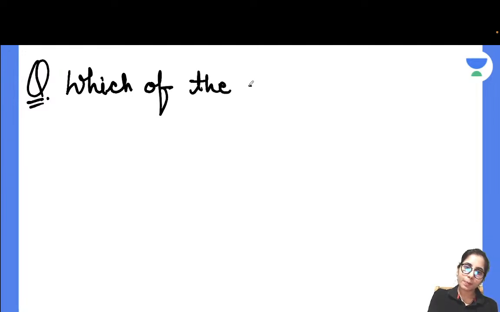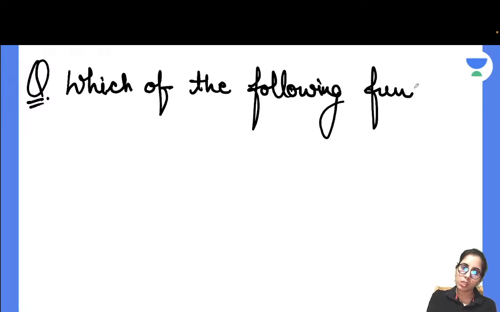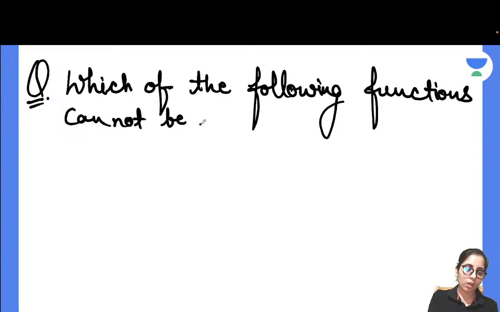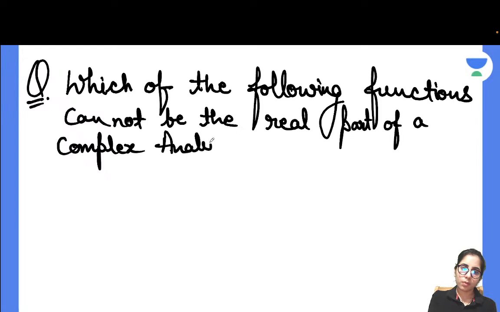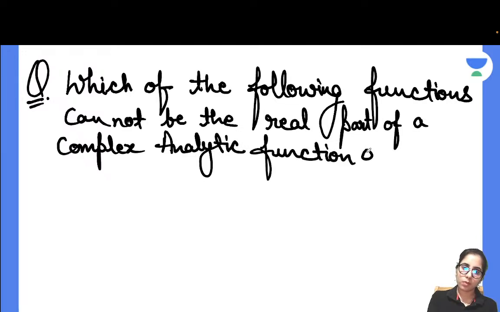Which of the following functions cannot be the real part of a complex analytic function of z is equal to x plus iota y?